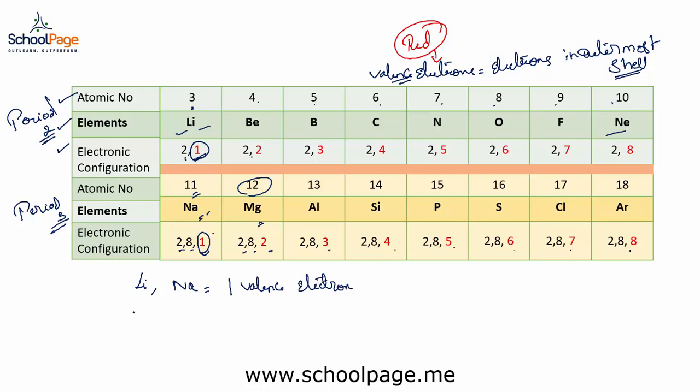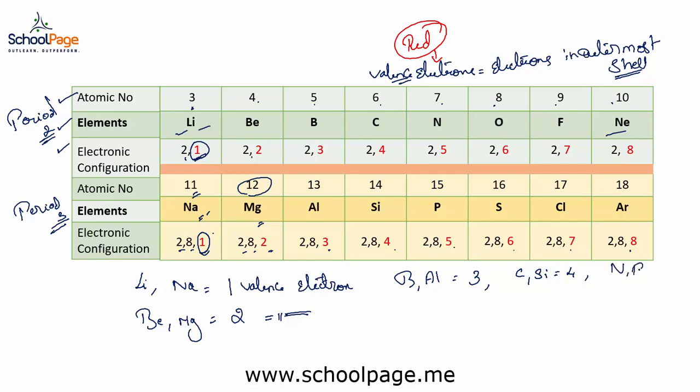Now observe beryllium and magnesium. Yes, it is 2 valence electrons. And if we take boron and aluminium, it is 3. Carbon and silicon, it is 4.